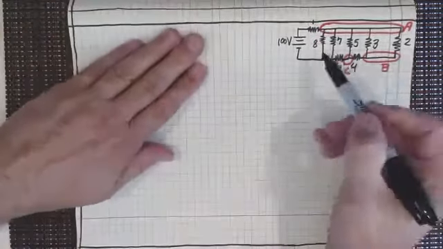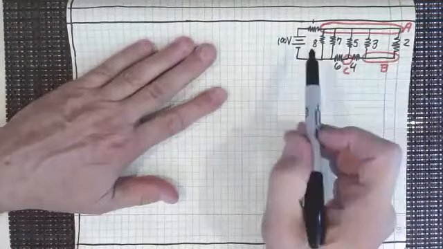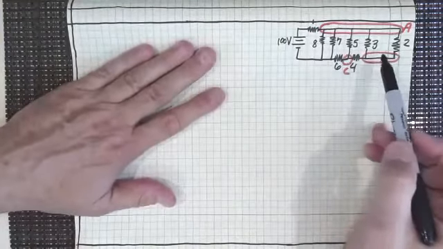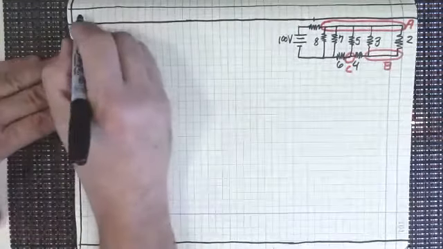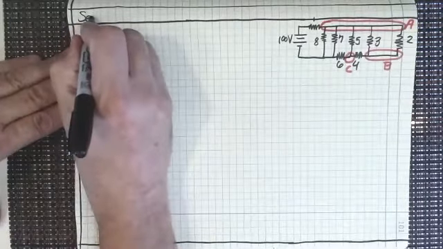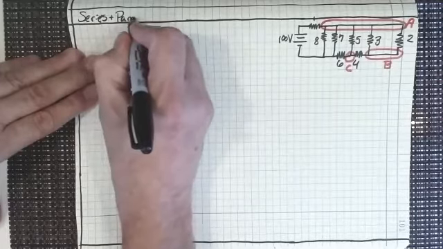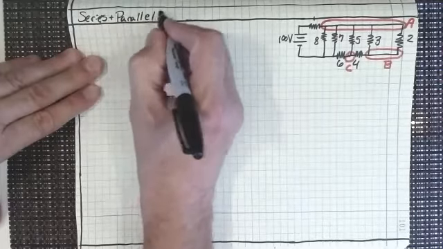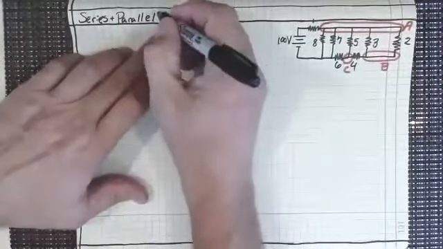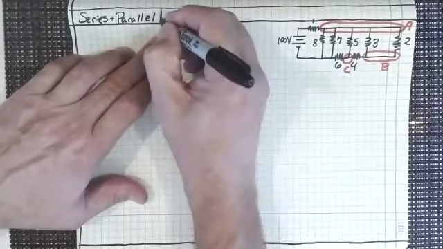And we're really looking at something here that still is a series parallel combination. So I'm going to put that up here: series parallel combination. So that's what we're looking at, and we've simplified it down to this point.